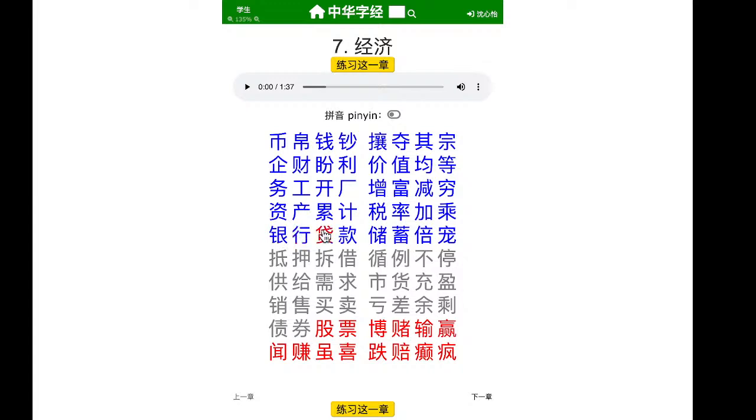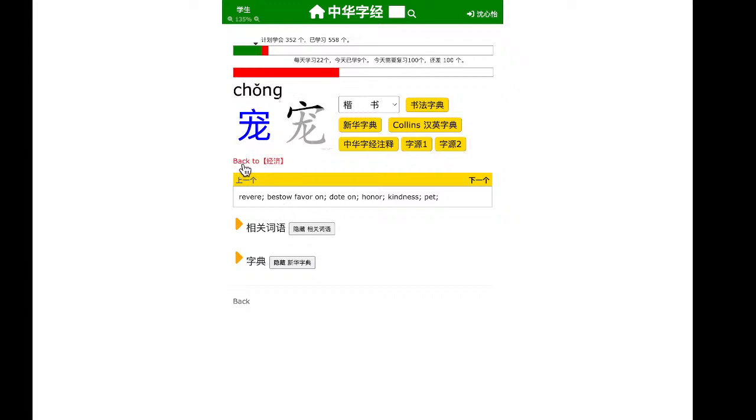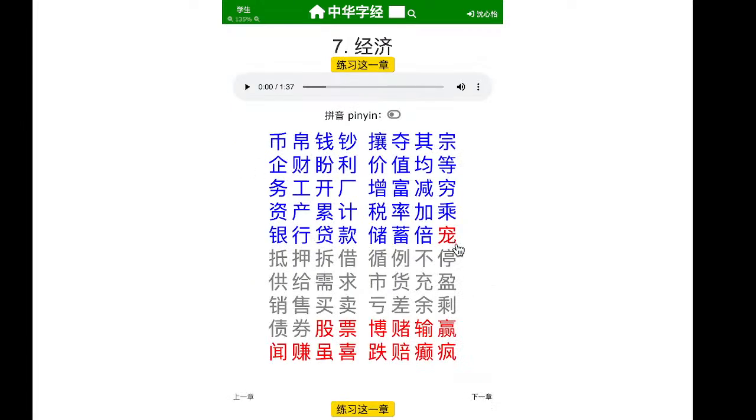Well, firstly, 银行贷款, this refers to banks giving out loans. 储蓄被宠, well, it's just that people like to save money. That's what it is. 宠 here means that they really like it. Is it not a little bit weird for this to be used in this context? 银行贷款储蓄被宠.